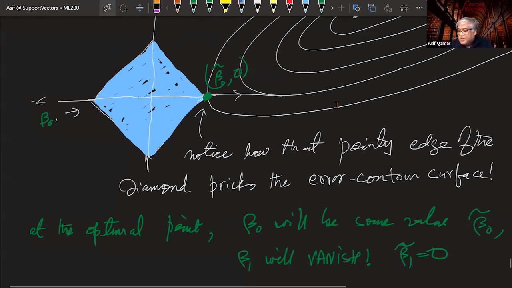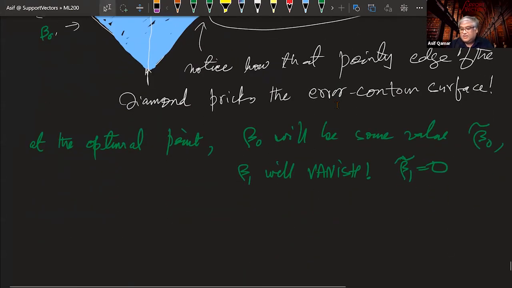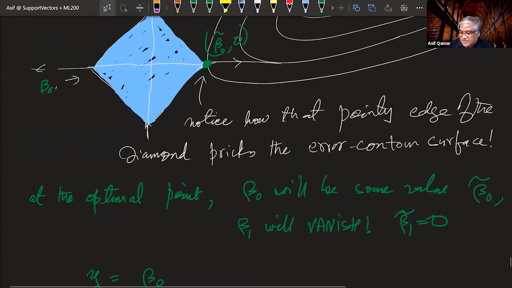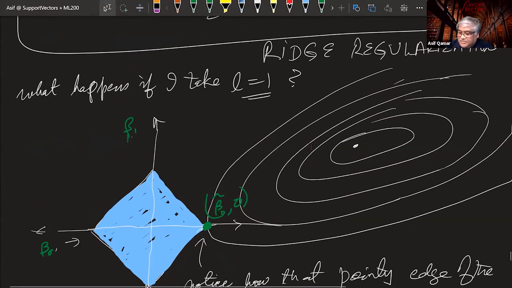So what does it mean in terms of our equation? What it means is that y as a function of beta naught plus beta 1 x, what happened? This term just disappeared, right? It means x doesn't matter in effect. Now the way it really works is not like this. Let me deliberately cheat and go to n dimensions.